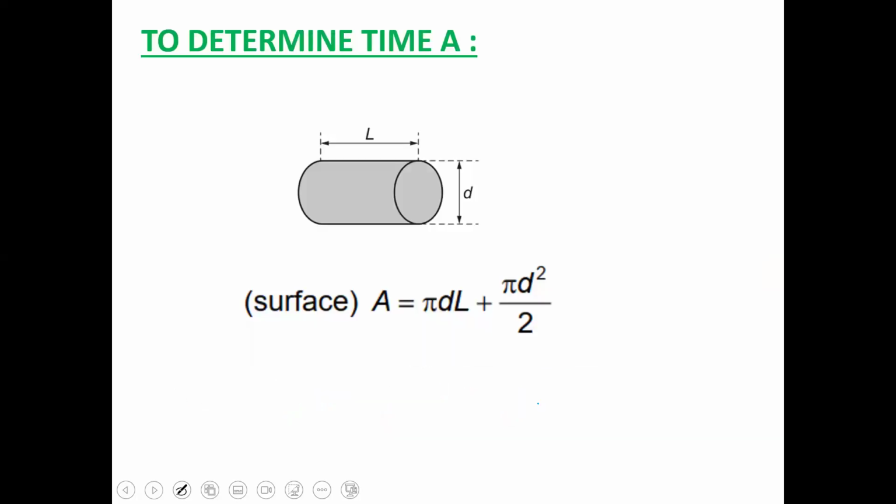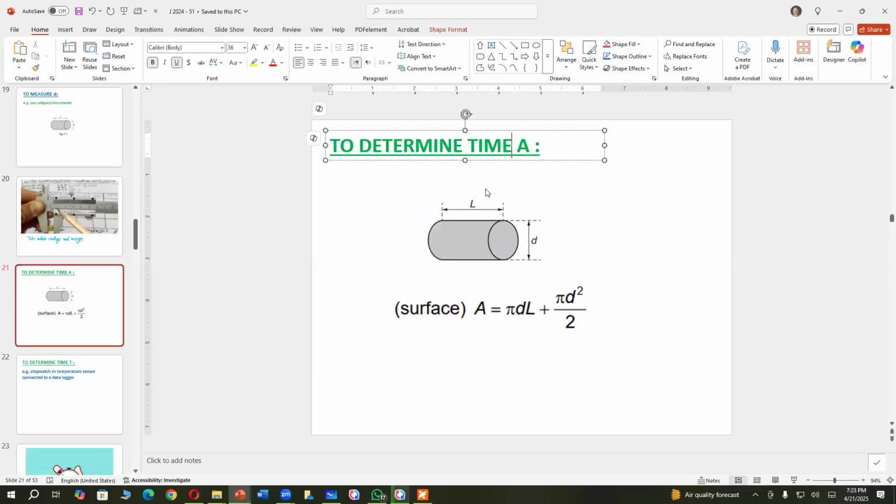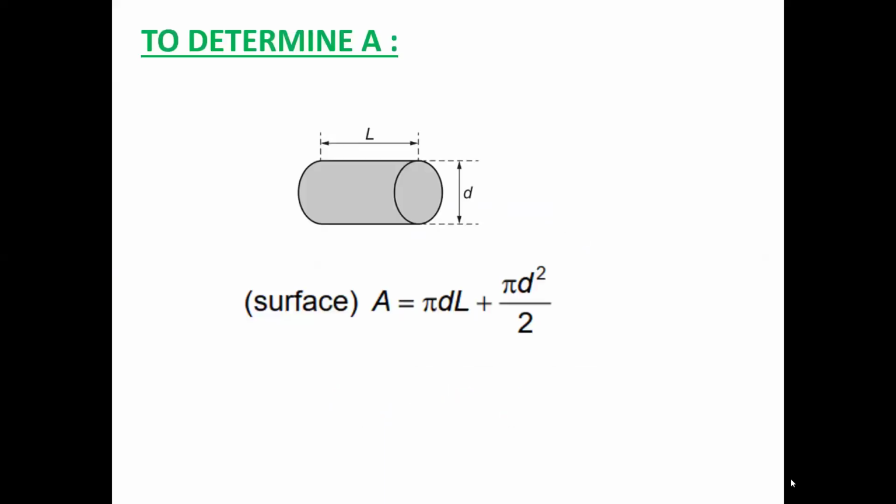Look at this, how I find the area. So any plan to find area means surface area. Look at the formula, pi d l plus pi d square. This is the formula for surface area. This is IGCSE mensuration.